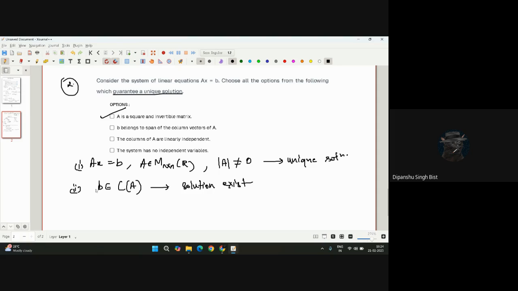This basically means you can represent B as a linear combination of the columns of your matrix A. So the solution exists, but it could be a case of unique or infinitely many solutions. It's just asking about a unique solution, so this option is not correct.